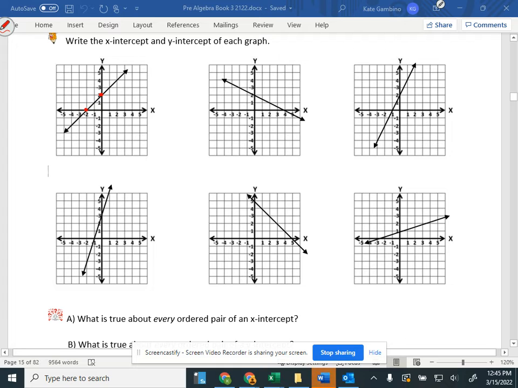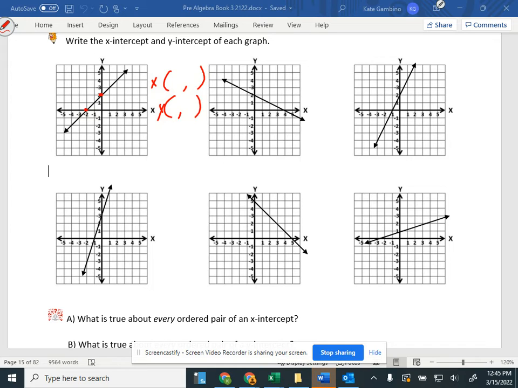The trick is to know which one is the X-intercept and which one is the Y-intercept. So we're going to put X, and then our ordered pair, and Y, and then our ordered pair. So which one would be my X-intercept for that first line?